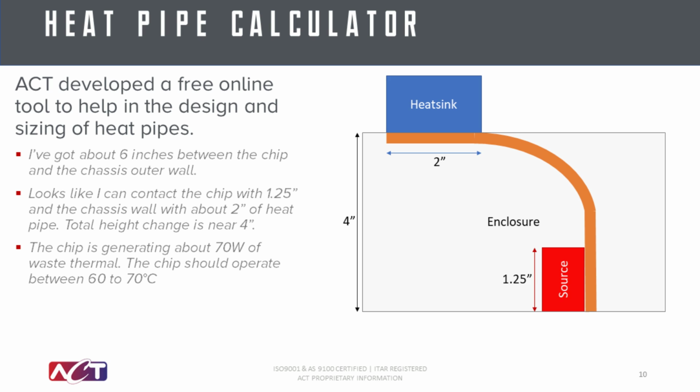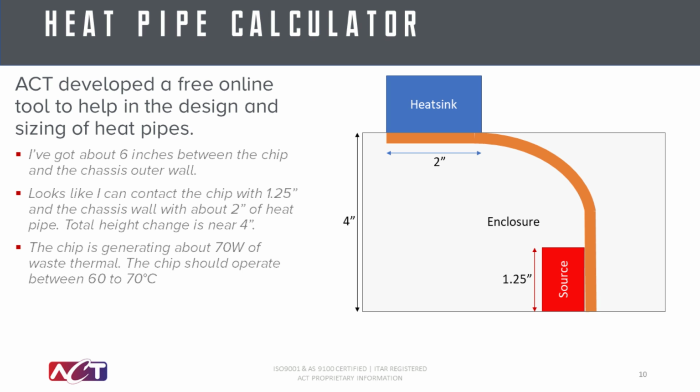Let's now run through a quick example of how you can size a heat pipe for yourself. Here at Advanced Cooling Technologies, we do have a free online tool to help you in the design and sizing of these heat pipes. We're going to take a quick look at this little example put together.